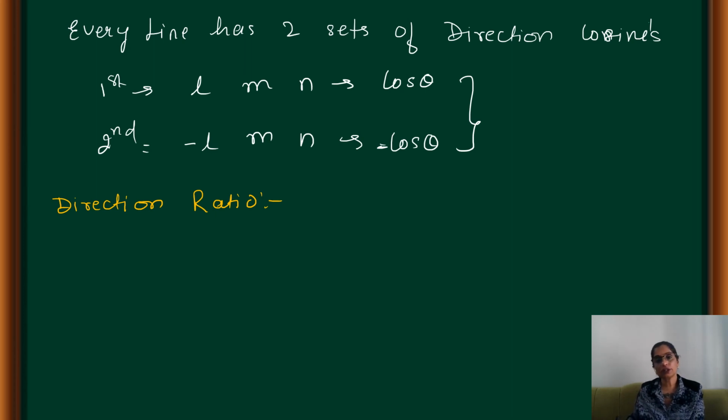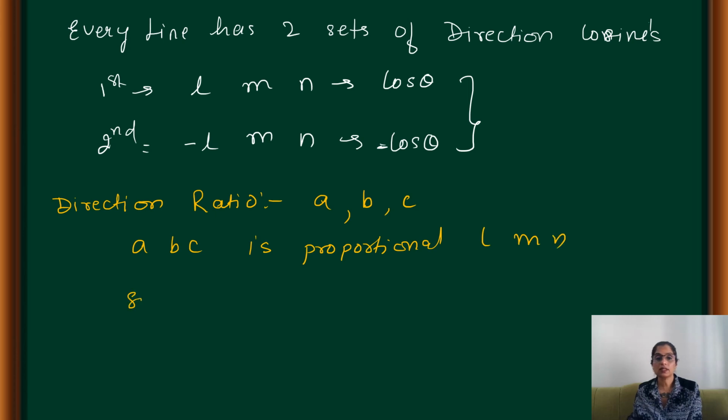Direction ratios are those three numbers, A, B and C, which are proportionate to L, M and N, such that L by A is equal to M by B is equal to N by C. This we have seen in the previous part also, correct?